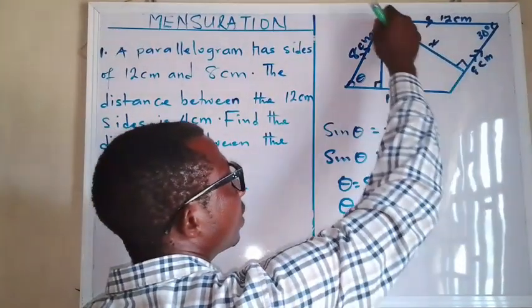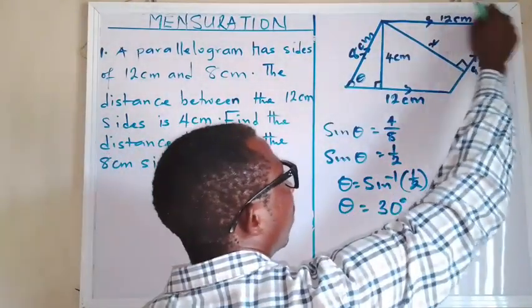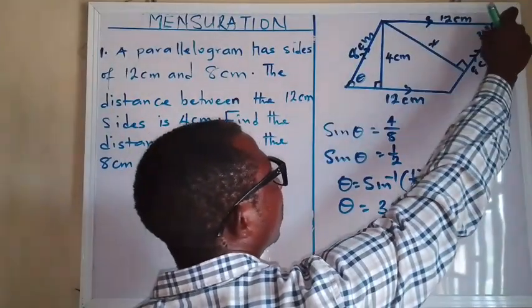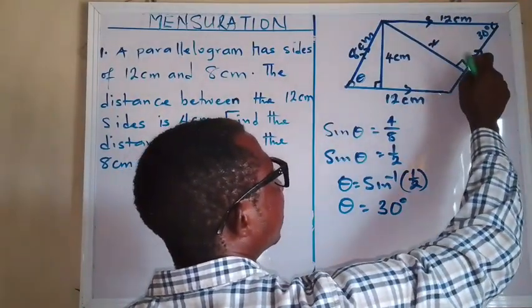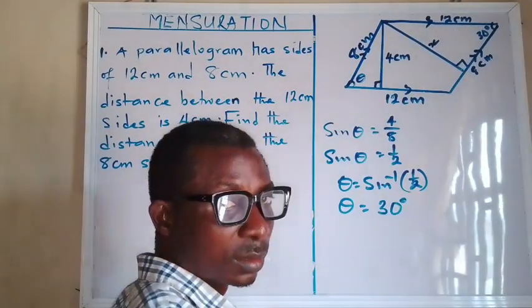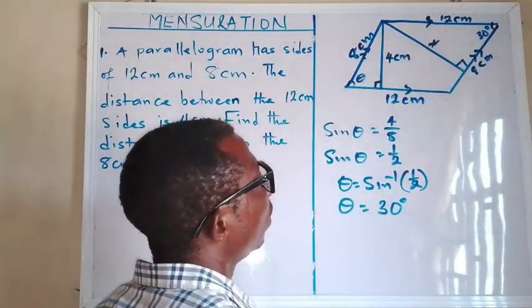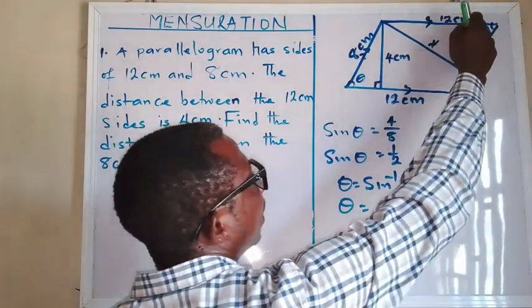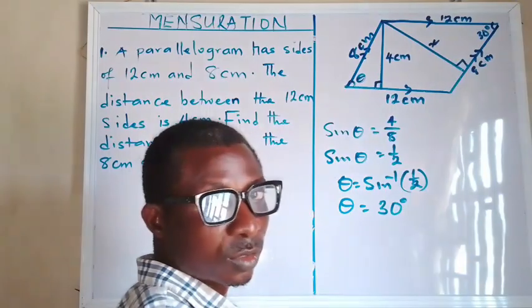Alright, so now this is what I want to get, the height. So let's consider this right angle triangle now. Okay, so this is going to be the hypotenuse, this is the opposite, and this is the adjacent. All right, so here now we have opposite and hypotenuse. So we are still going to make use of sine.